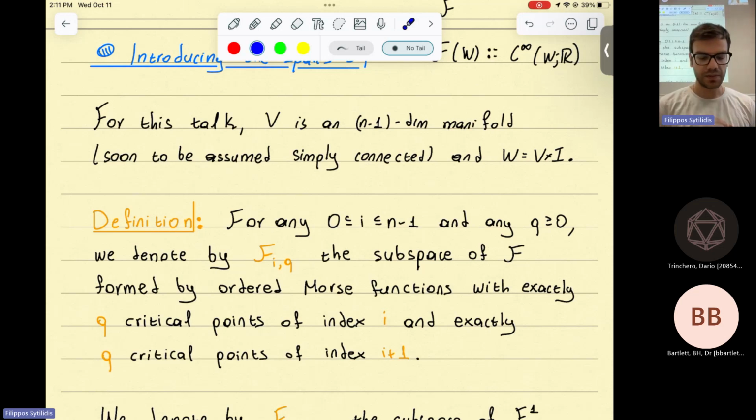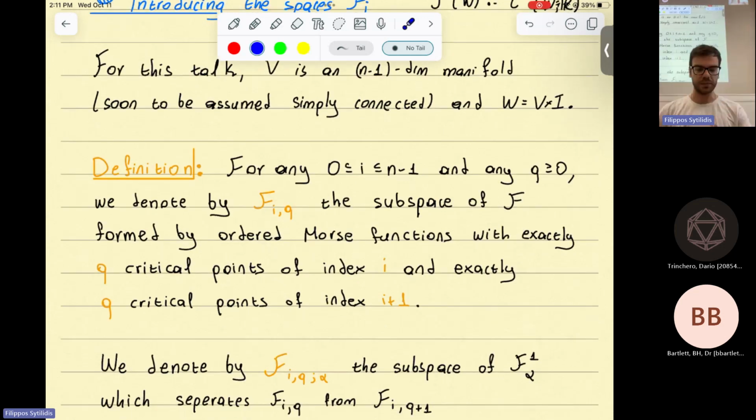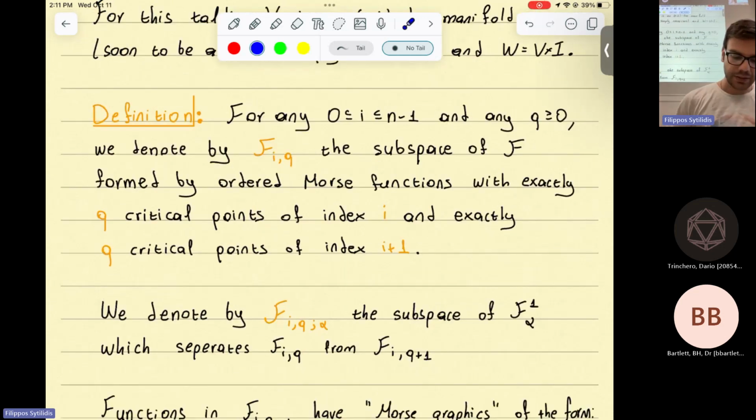That's what F sub i comma q is. Right? Ordered Morse functions, exactly q critical points of index i and i plus 1.